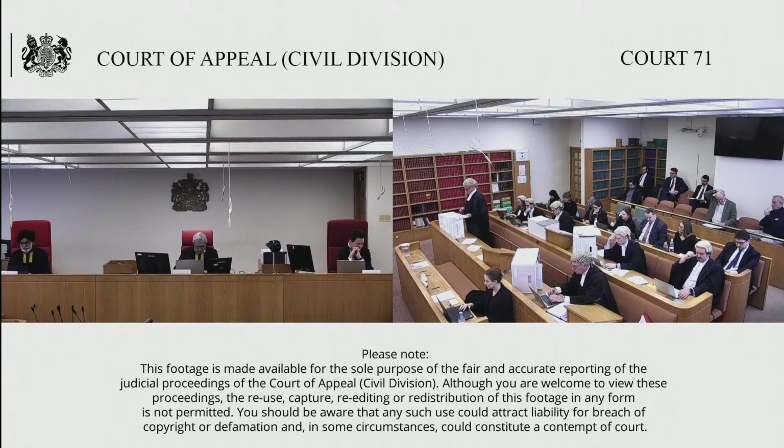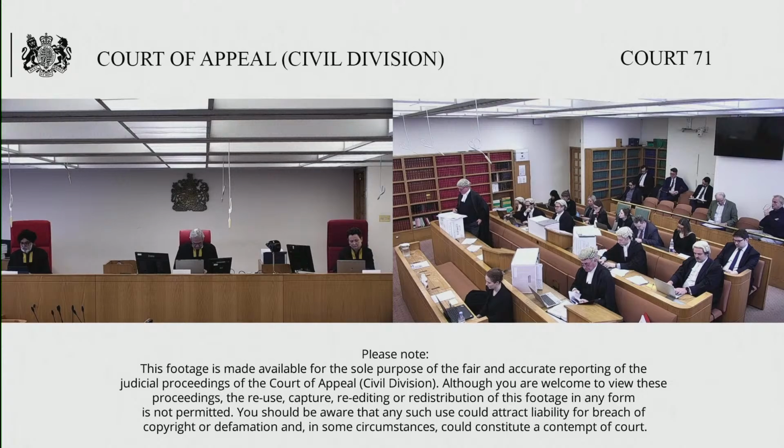The first criticism that is made by Lord Anderson of the judge's reasoning is that he fell into error because he did not recognise that close scrutiny was needed in the proportionality exercise and in making a judgment about the proportionality of the decision.